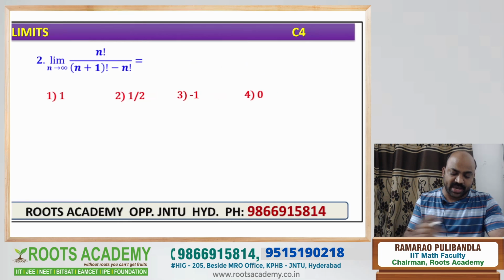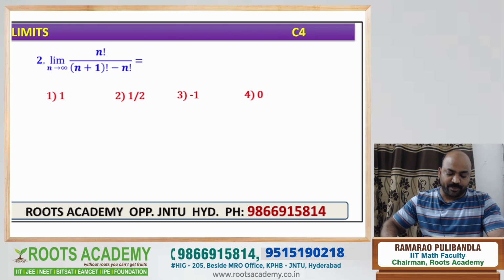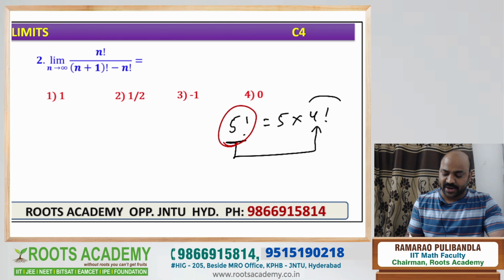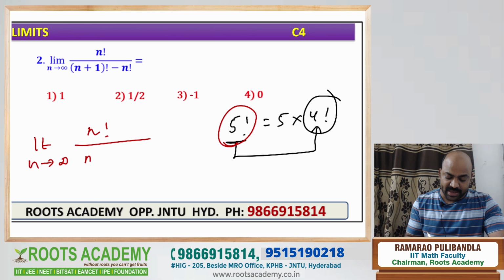Move to the next question: n factorial by (n plus 1) factorial into n factorial. Do you know that 5 factorial can be written as 5 into 4 factorial? It means you can write a higher factorial in terms of a lower factorial. This is the higher factorial, red mark, and this is the lower factorial 4. Therefore, we can write this as limit n tends to infinity of n factorial by (n plus 1) into n factorial minus n factorial.